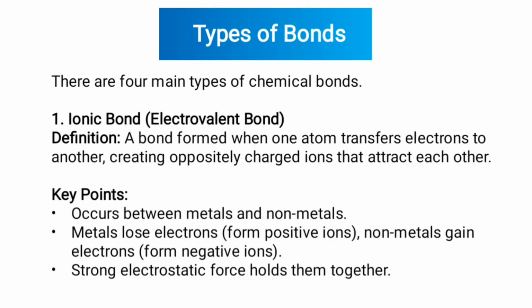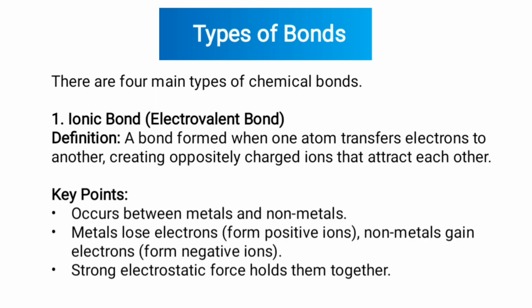Now, types of bonds. My dear student, there are four main types of chemical bonds. The first one is the ionic bond, or electrovalent bond. A bond formed when one atom transfers electrons to another, creating oppositely charged ions that attract each other. Key points of ionic bonds: they occur between metals and nonmetals. Metals lose electrons to form positive ions, nonmetals gain electrons to form negative ions.